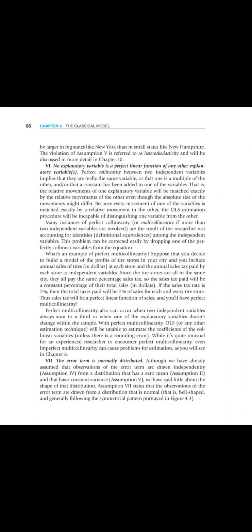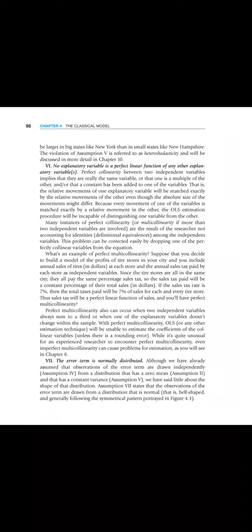Many instances of perfect collinearity, or multicollinearity if more than two independent variables are involved, are the result of the researcher not accounting for identities among the independent variables. This problem can be corrected easily by dropping one of the perfectly collinear variables from the equation. So you can remove kilometers and remain with miles, remove degrees Celsius and remain with Fahrenheit. These are things that basically measure the same thing.